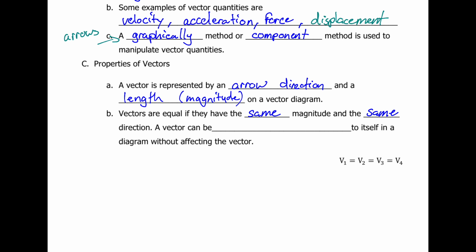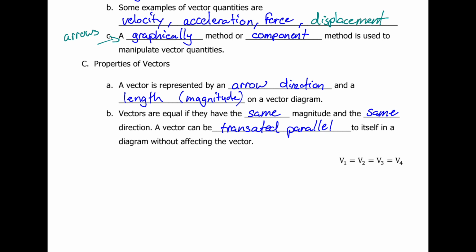A vector can be translated parallel to itself without affecting the vector. Basically what that means is this is translation in a mathematical sense. Do you guys know what a mathematical translation is? No. Mathematical translations are just sliding an image around the graph.